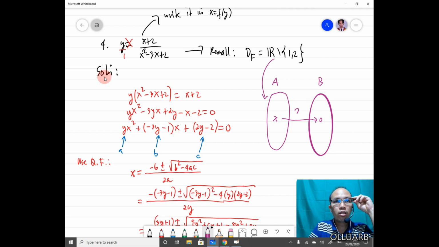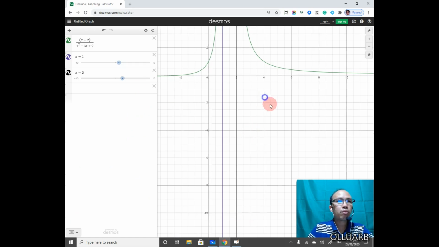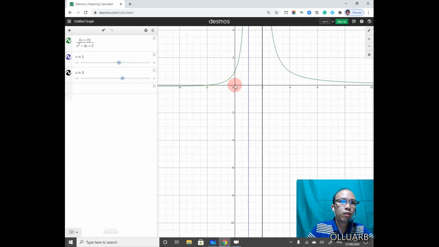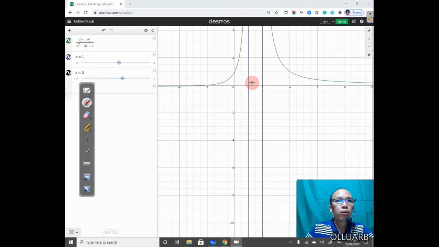That's one big question, because if you look at the graph, if you have x is equal to 0 here, there is a point up here, which is 2.